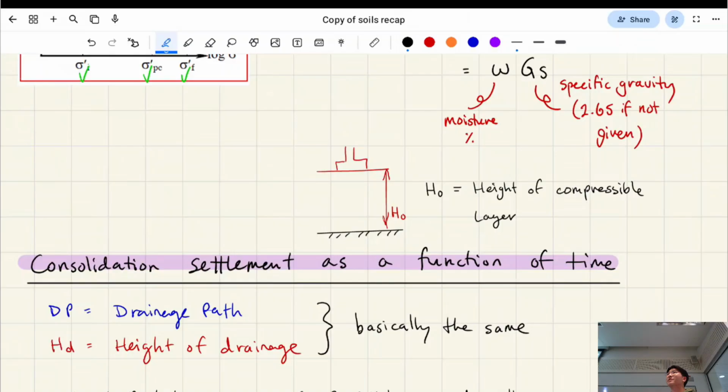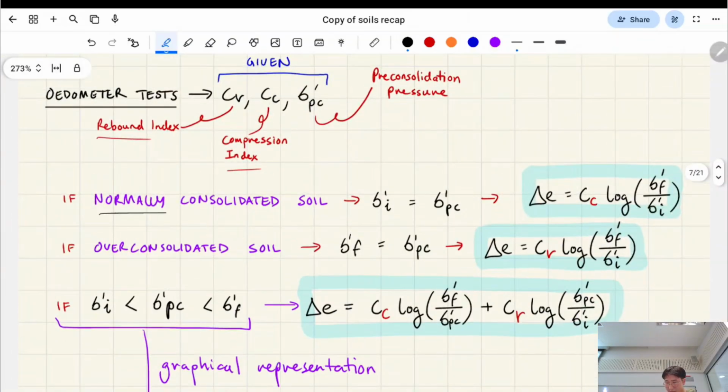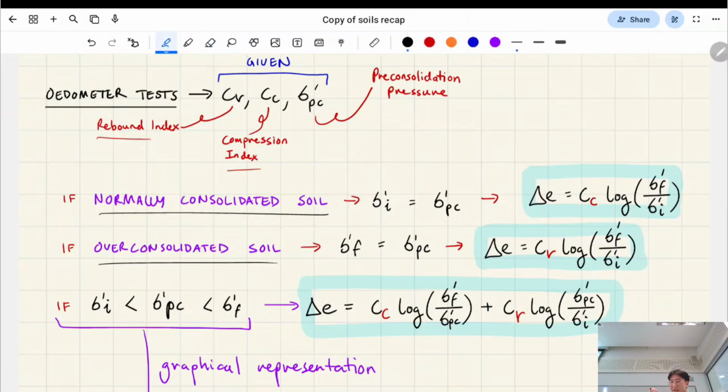Sigma PC is to do with, okay, maybe I should explain this. You can have two types of soil, right? I realize all this is probably more complicated to look at on your first glance, so don't focus on that for the moment. I'll explain normally consolidated soil and over consolidated soil first.